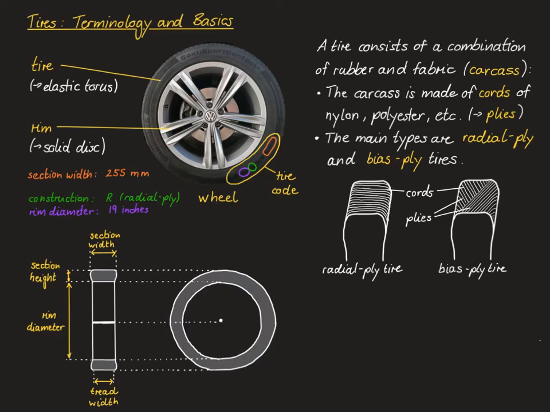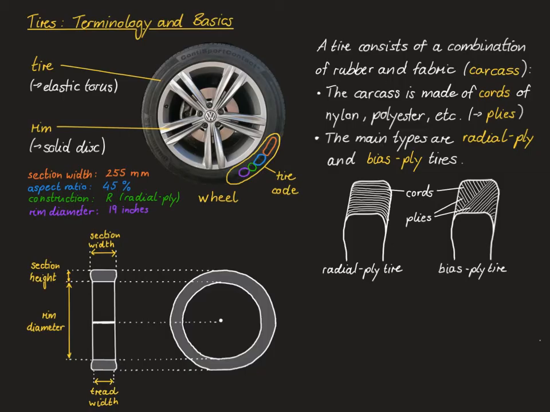And finally, the second number of the tire code refers to the aspect ratio, which is the ratio between the section height and the section width of the tire, with the section height being the height of the tire. Note that in this case the number 45 means that the aspect ratio equals 45%.